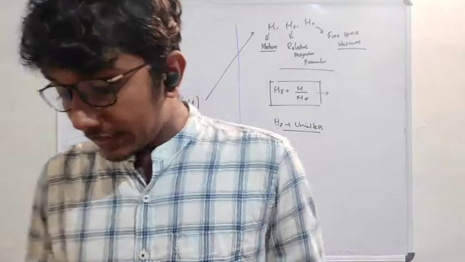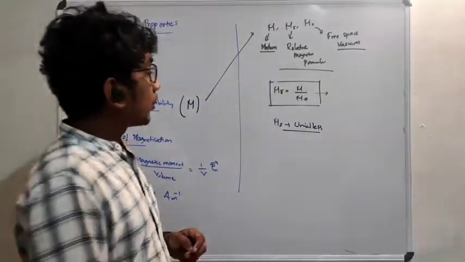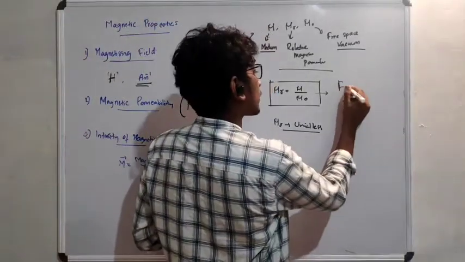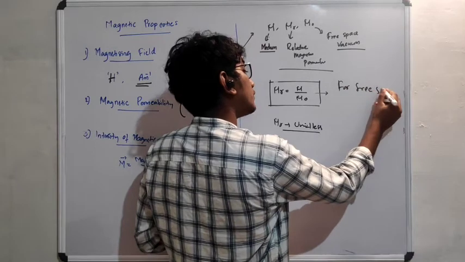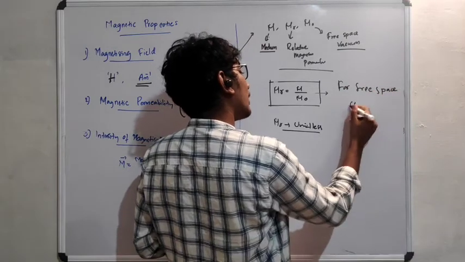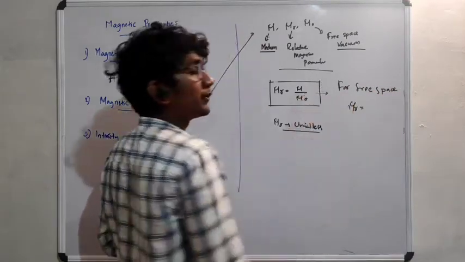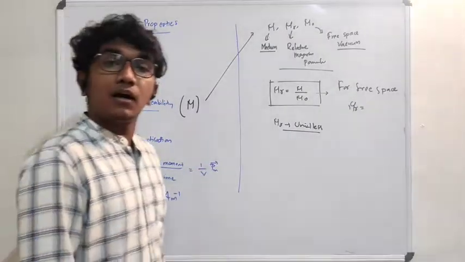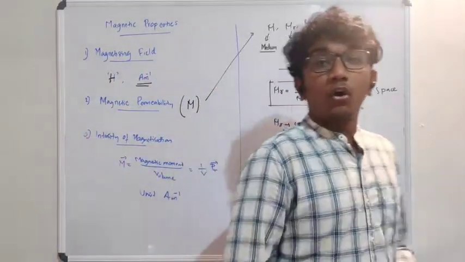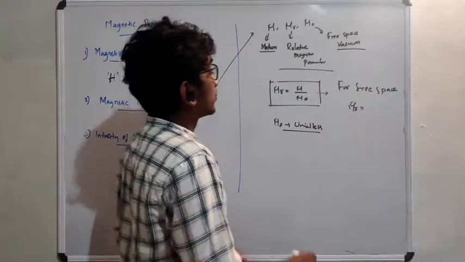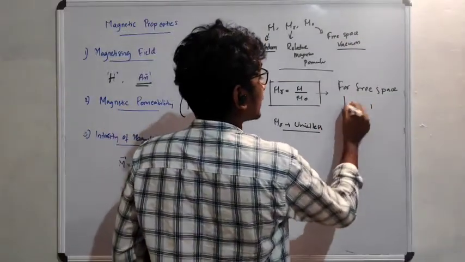For free space or vacuum, mu r is equal to mu divided by mu 0. Mu 0 itself is the value of mu at free space, so the relative permeability will be 1.